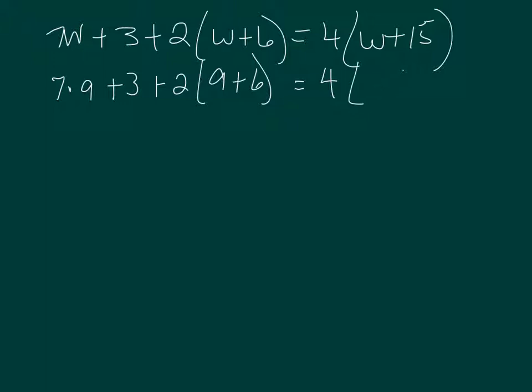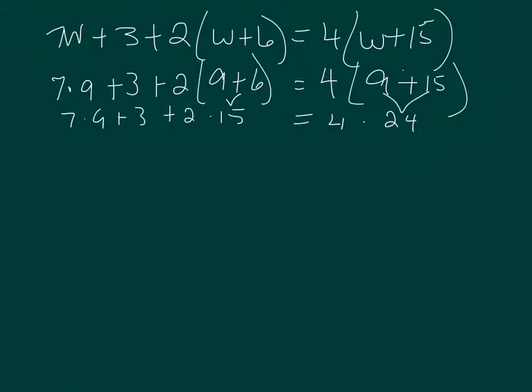We want it to be 9 plus 15. Okay, let's first take care of what we have in parentheses. 15 and 24. So we have 4 times 24, 2 times 15, bring down what we haven't dealt with yet.